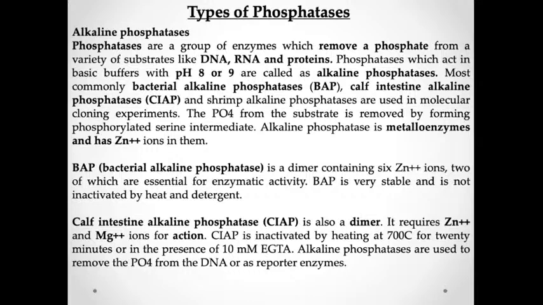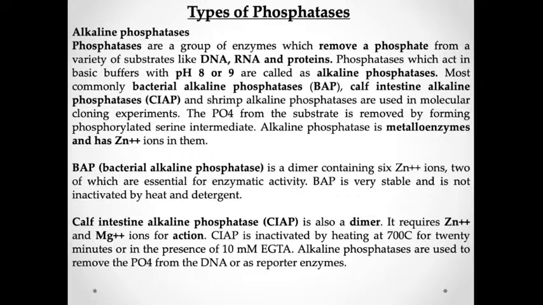They act in a basic buffer around pH 8 or 9, and they are called alkaline phosphatases. The most common are bacterial alkaline phosphatase, BAP, and calf intestine alkaline phosphatase, CIAP.